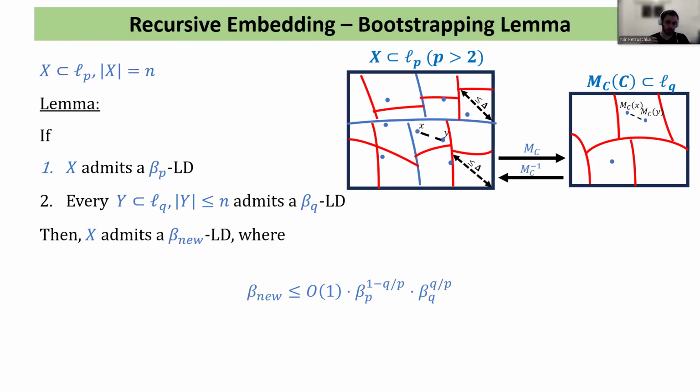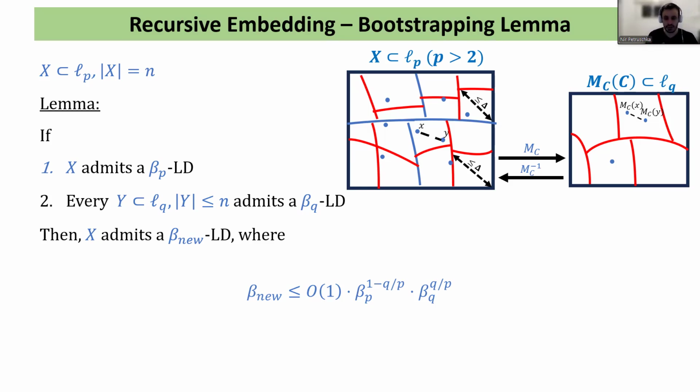You can use them to refine the original decomposition and get an improved decomposition for the set X, with a parameter that depends on both of the decompositions. Usually we think of beta Q as being less than beta P, and we're trying to improve beta P by applying this procedure. So this new decomposition will have better guarantees than the original decomposition that we started with.